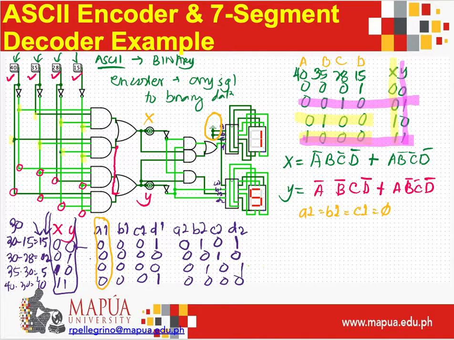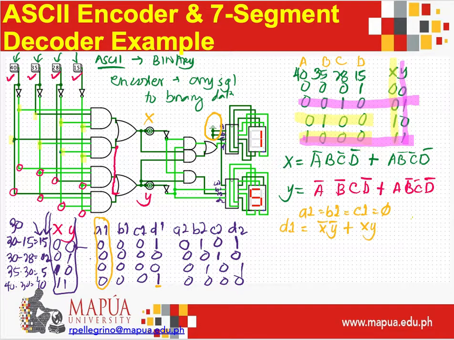For D1, what is our equation? We have a sum of product, or SOP, which is comprised of X bar, Y bar, ORed with X and Y.